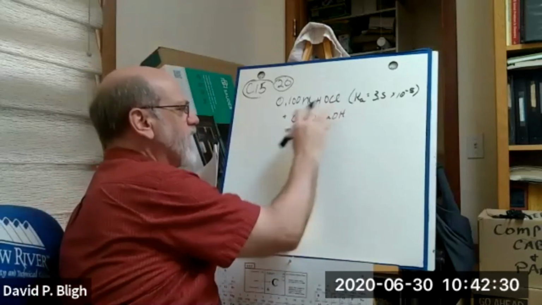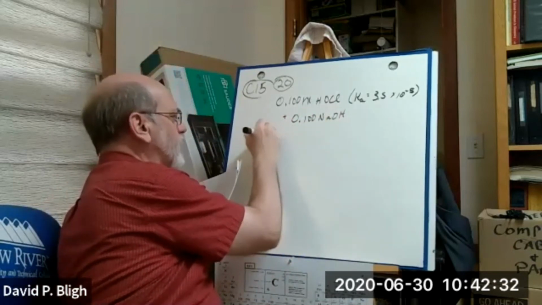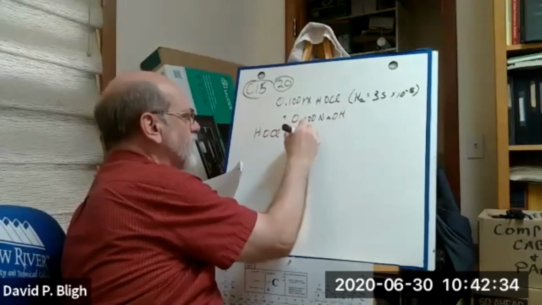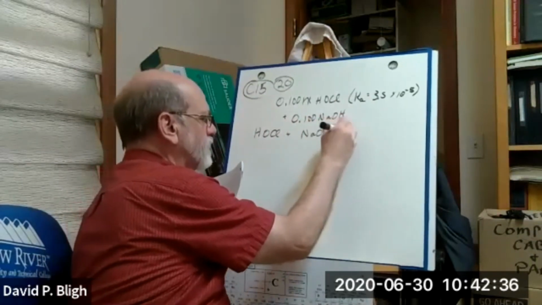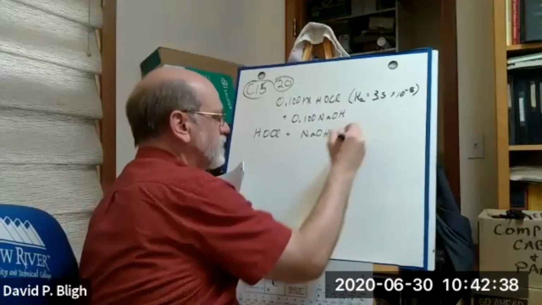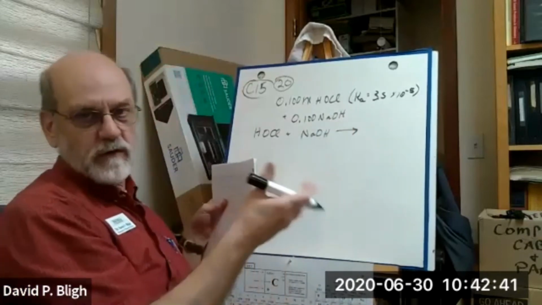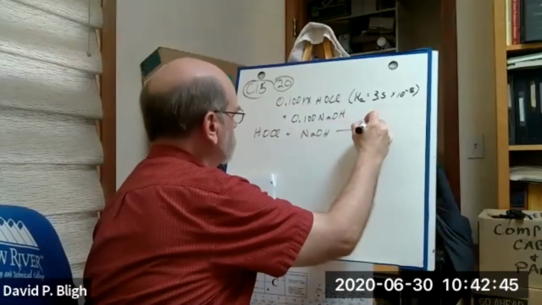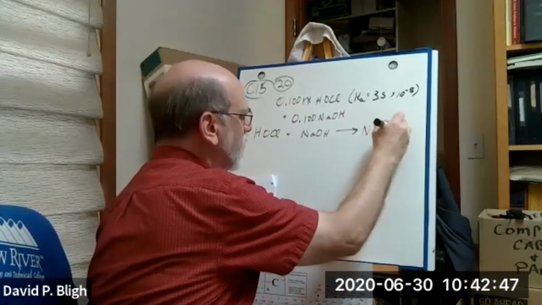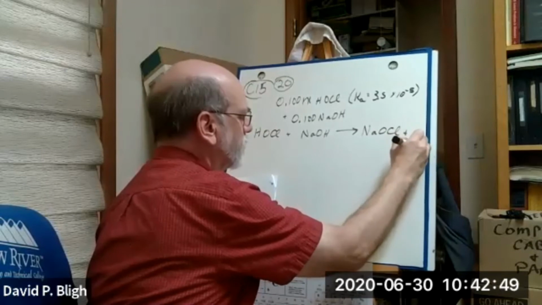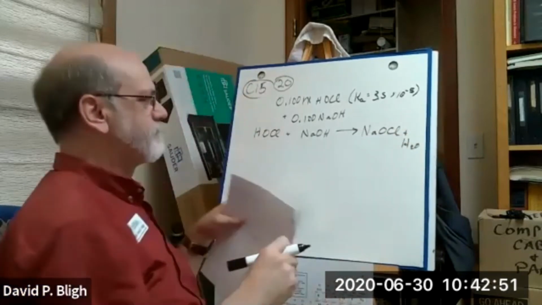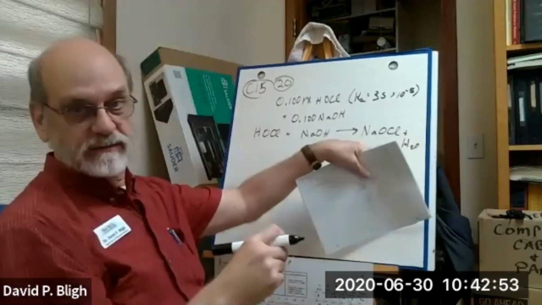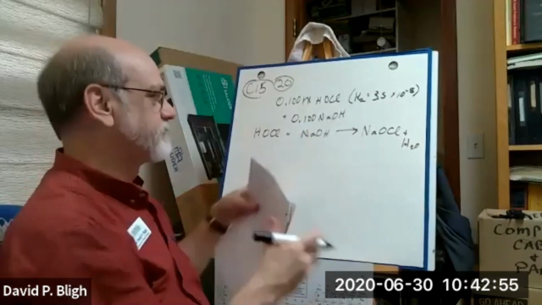So if we do the stoichiometry, we're going to have this one plus this one yields. I only need a single arrow for stoichiometry. Would be sodium hypochlorite and water, right? Bleach. That's what that is.